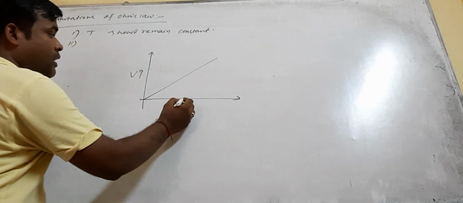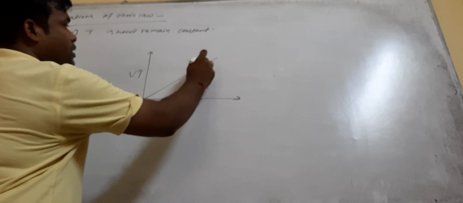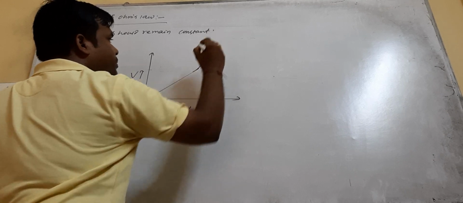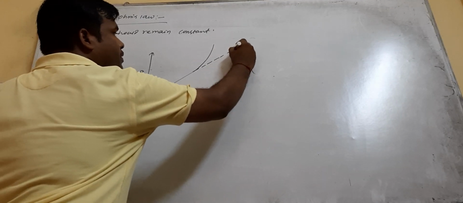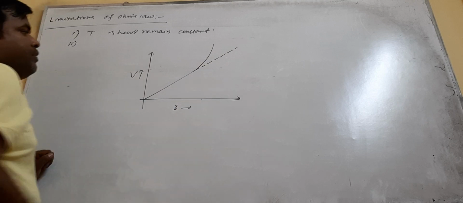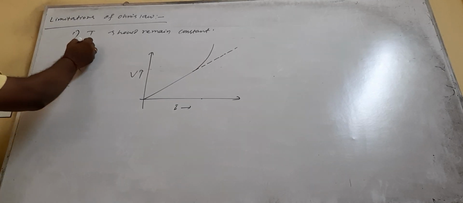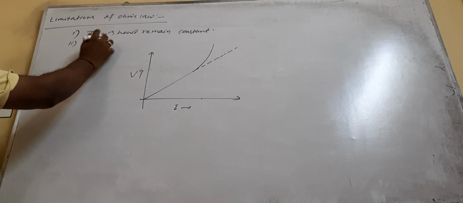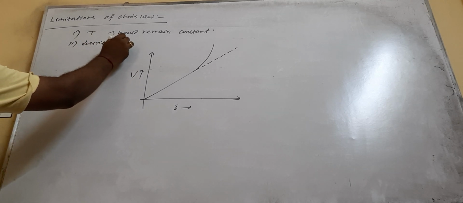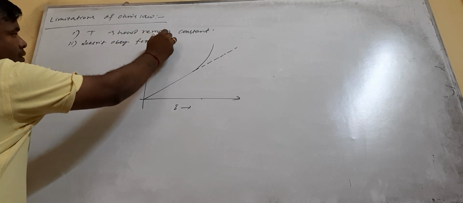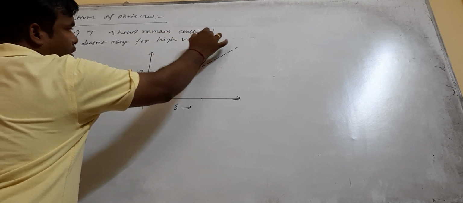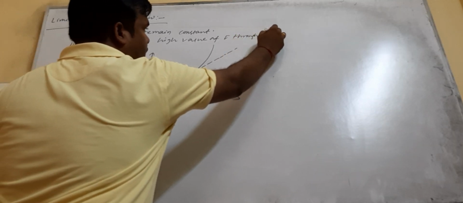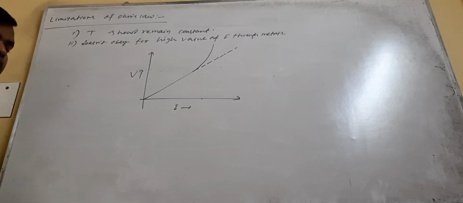So for a high value of current, Ohm's law is not obeyed. The graph will be like this. So you remember, Ohm's law is not obeyed for high value of current through metals.